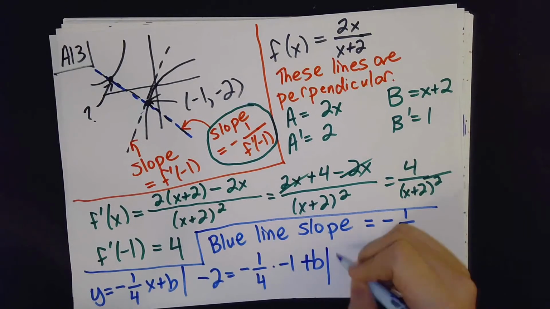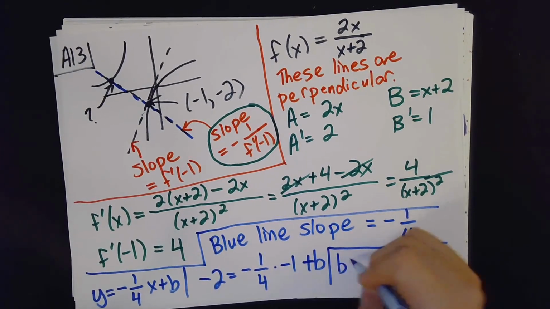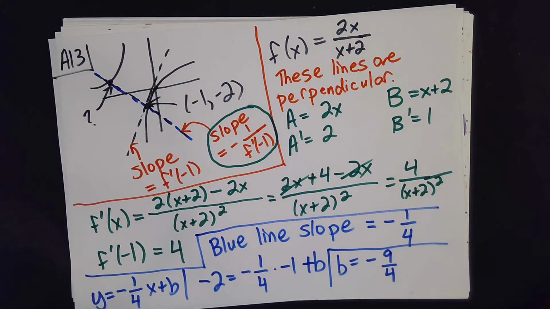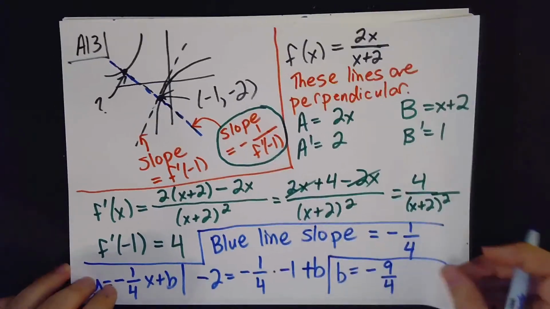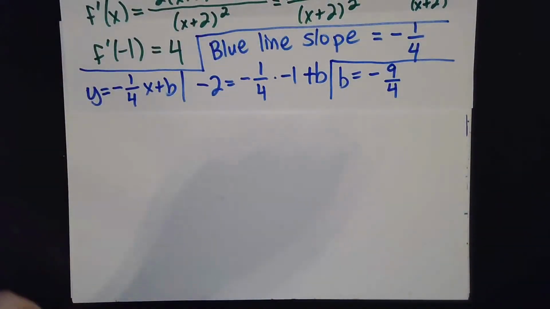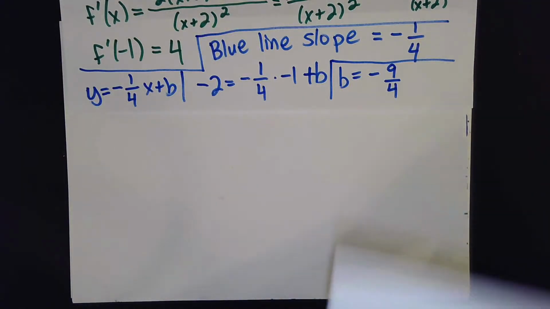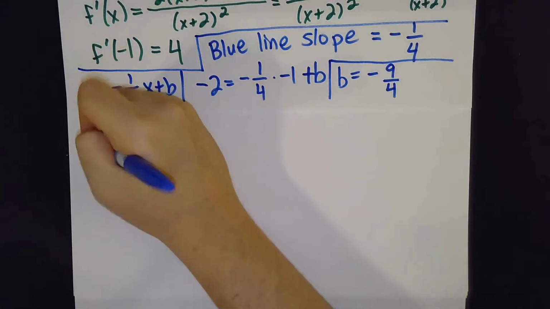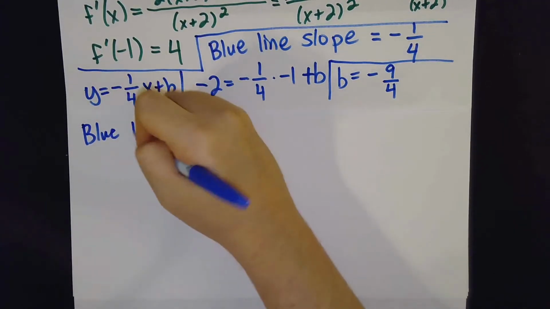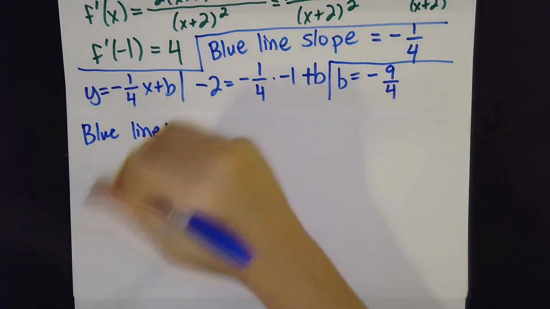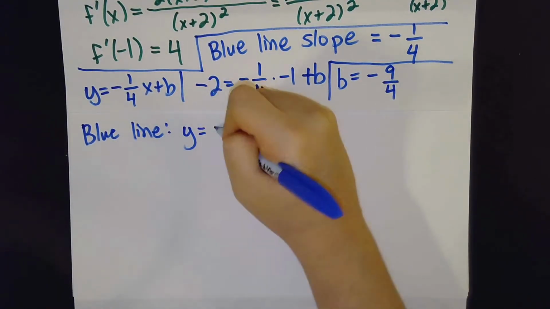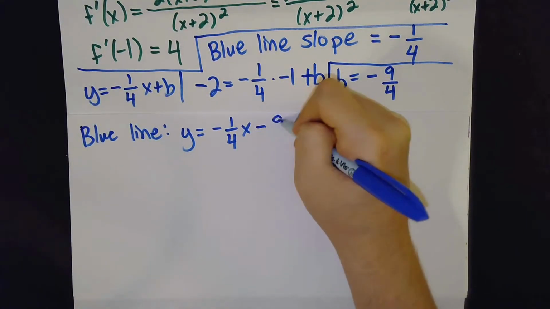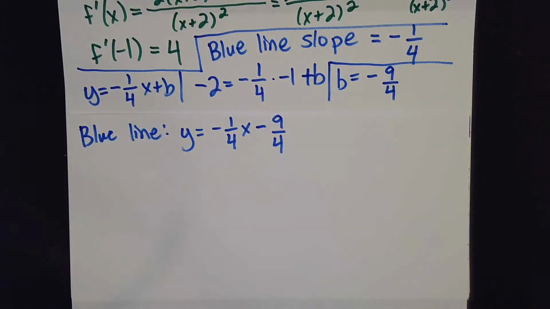So that will give me that b is -9/4. Okay. In other words, the equation of the blue line is y equals -1/4 x minus 9/4.